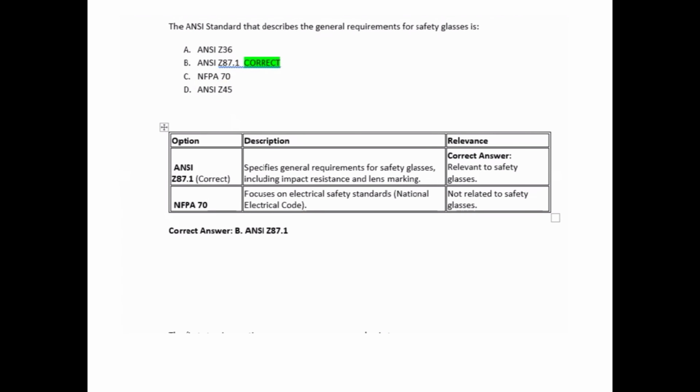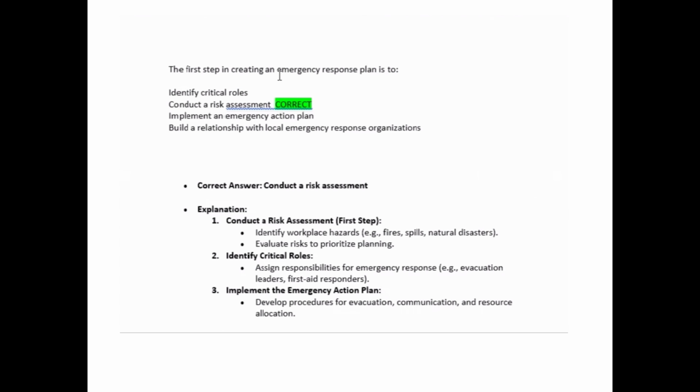Now moving into the next question: the first step in creating an emergency response plan. If you are a safety manager or an engineer, you would be creating an emergency response plan. What is the first step? Identifying critical roles, conducting a risk assessment, implementing an emergency action plan, or building a relationship with the local emergency response organization.